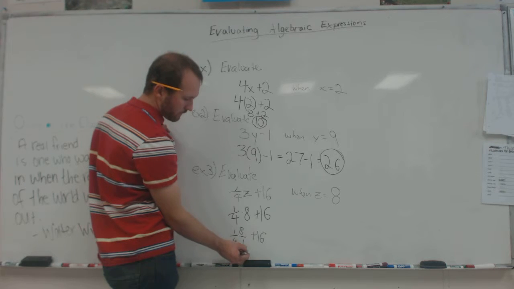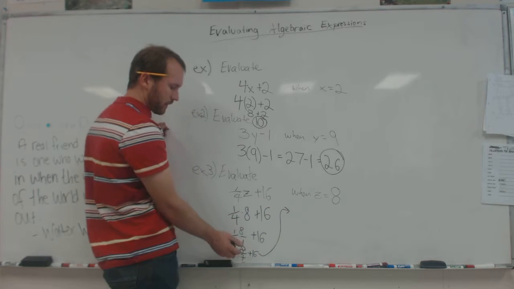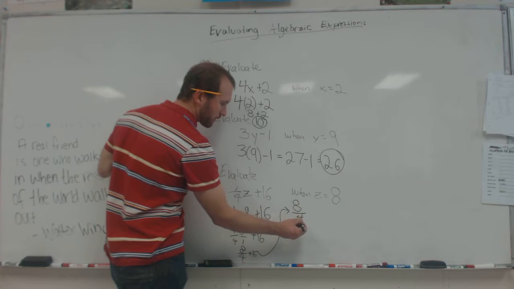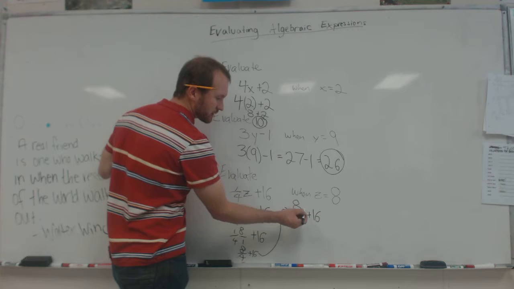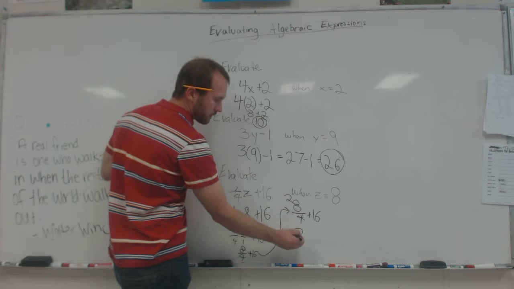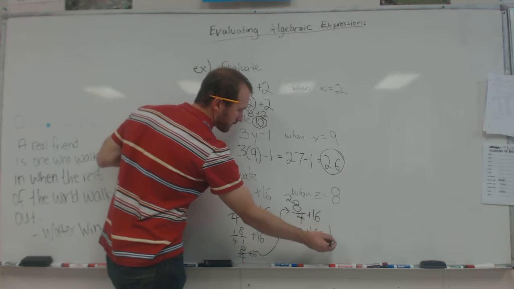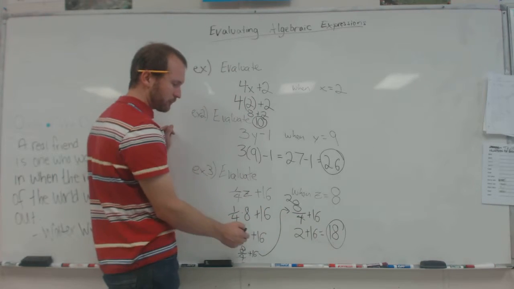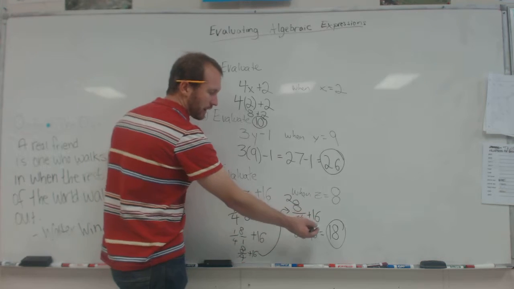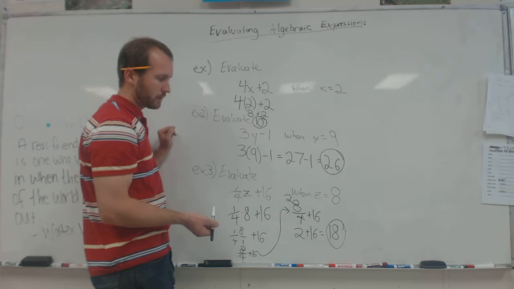What is 8 over 4? 8 over 4 means 8 divided by 4. Oh, 2. Yeah, so this is just 2. Or I could think of it as canceling out. Either way, it's 2 plus 16. Which equals what, Luca? 18. I did that one kind of messily, but at least you can follow it, right? I drew an arrow to go up here, and then I have an equal sign, and I circled my final answer.